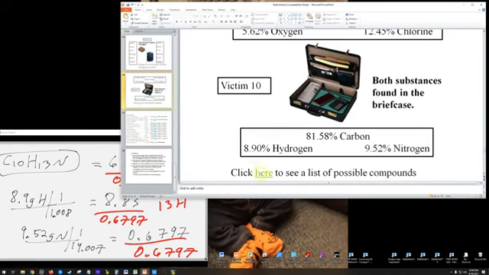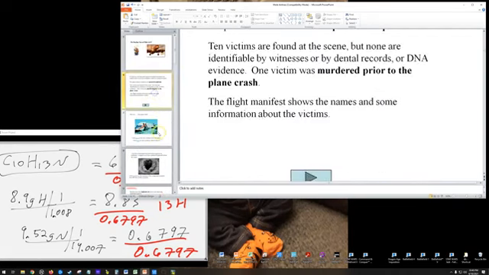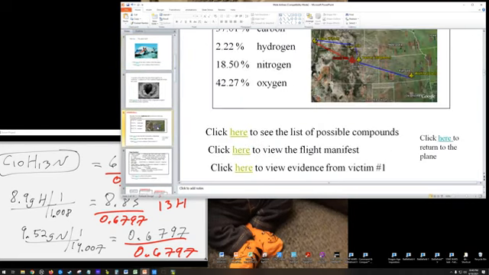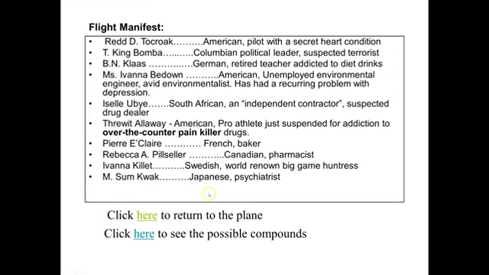All right, let's look back at our flight manifest. Okay, let's see here. Flight manifest. Okay, gonna have to think about this, but I think I finally identified all 10 victims.